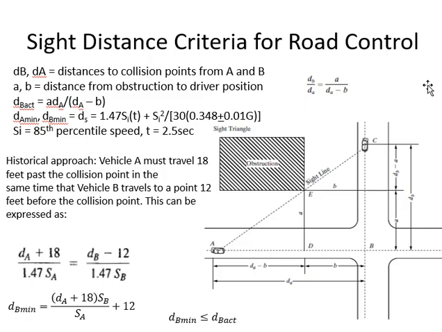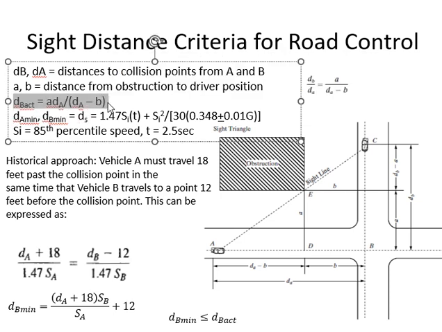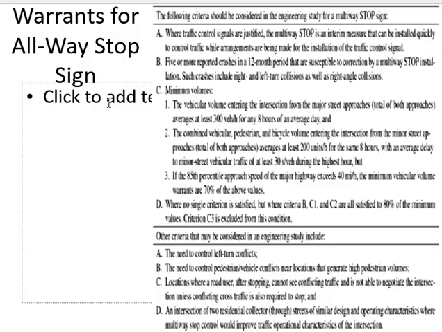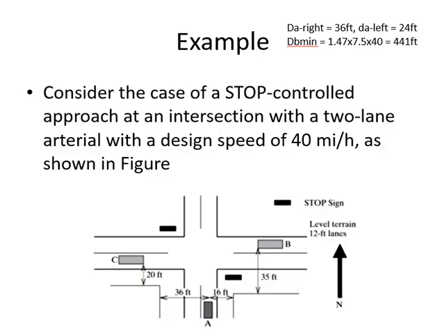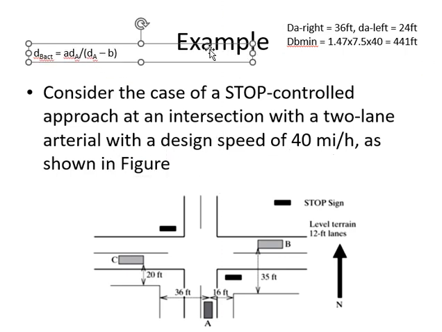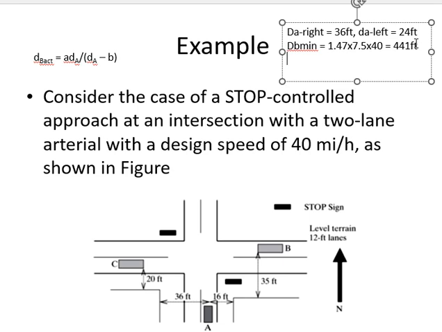Let me take the equation from here. Okay, dB actual for the right hand side. So A was the distance from the vehicle to the obstruction, which is 16 feet.